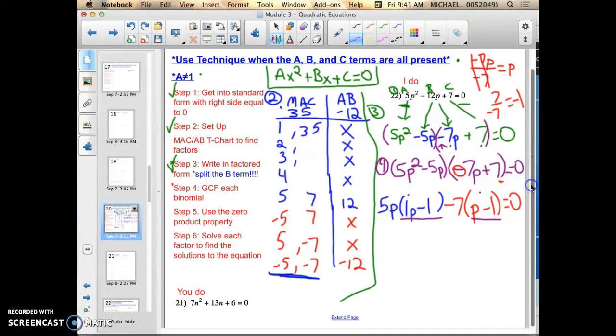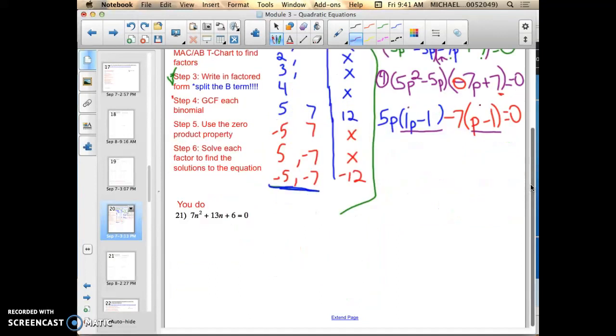Now, to finish step 4, I'm going to regroup things. The similarity, the same thing, p minus 1, comes out. Technically, I'm taking the GCF of this entire thing, and in this case, the GCF is p minus 1, but sometimes that confuses people.